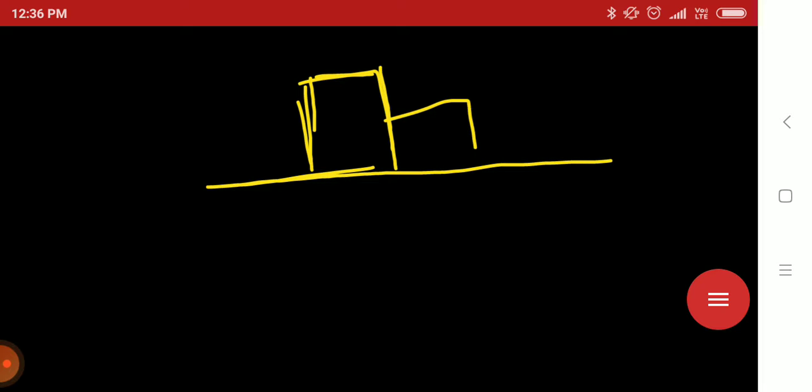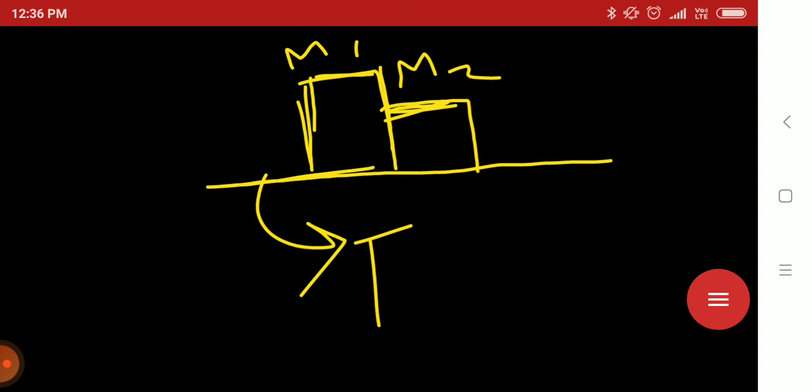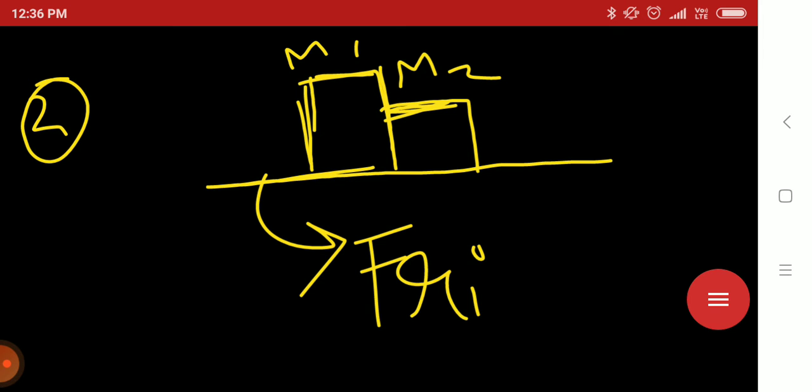Here I am drawing two masses, one mass m1 and another mass m2. Two blocks, one of mass m1 and another m2, are placed in contact on a frictionless surface. This is problem number 2.